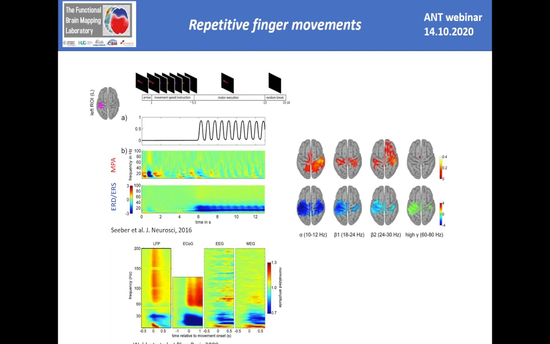It's represented on the left motor cortex. But if you focus on this modulation feature, you can see a profoundly different network or pattern here. And that's what we were already hypothesizing in the beginning, saying, okay, this modulation feature probably has different sources than the suppression. So they might be functionally different.